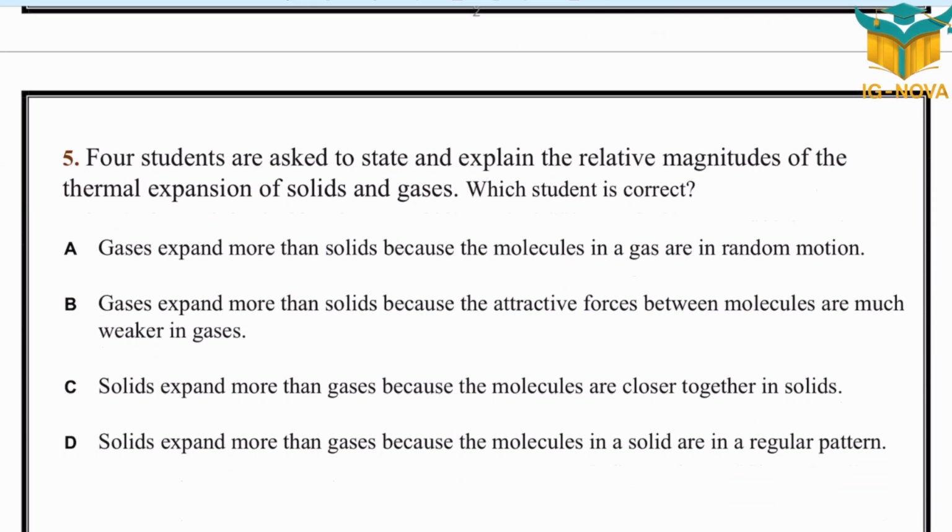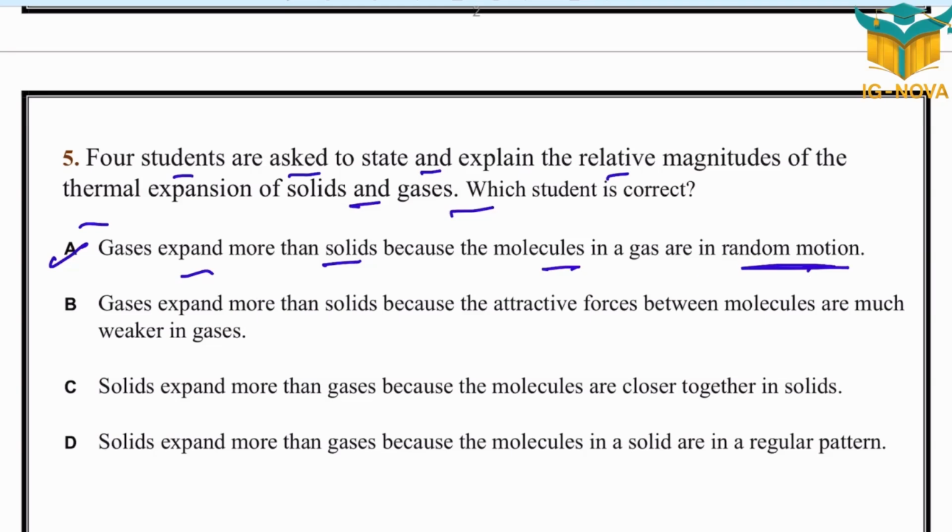Question 5. Four students are asked to state and explain the relative magnitudes of the thermal expansion of solids and gases. Which student is correct? Gases expand more than solids. Yes, it's true. Because molecules in gas are in random motion, actually, it can be accepted.